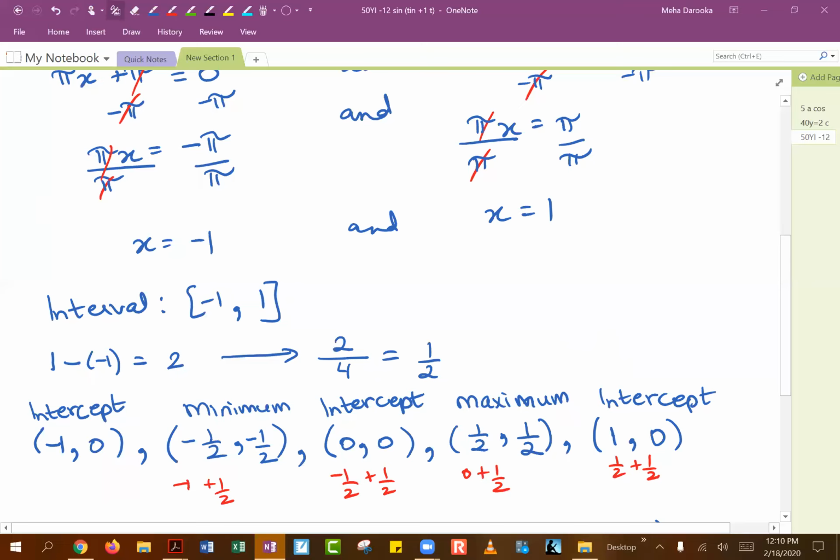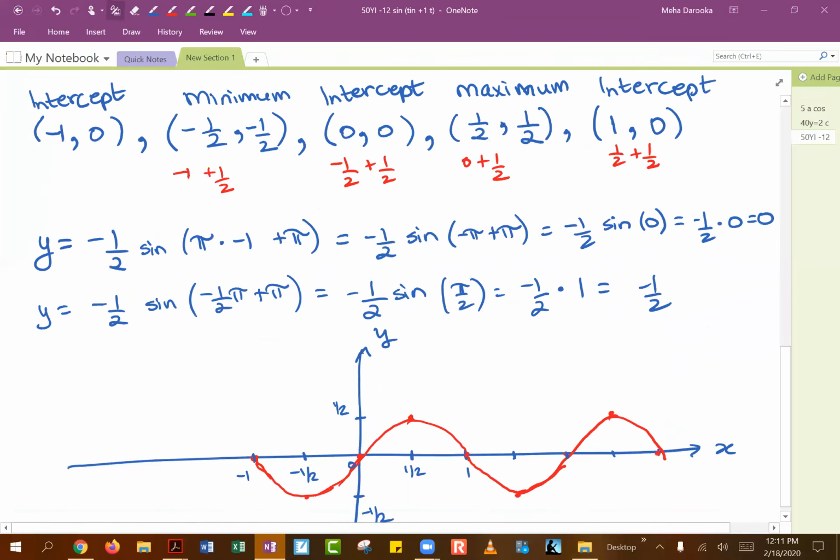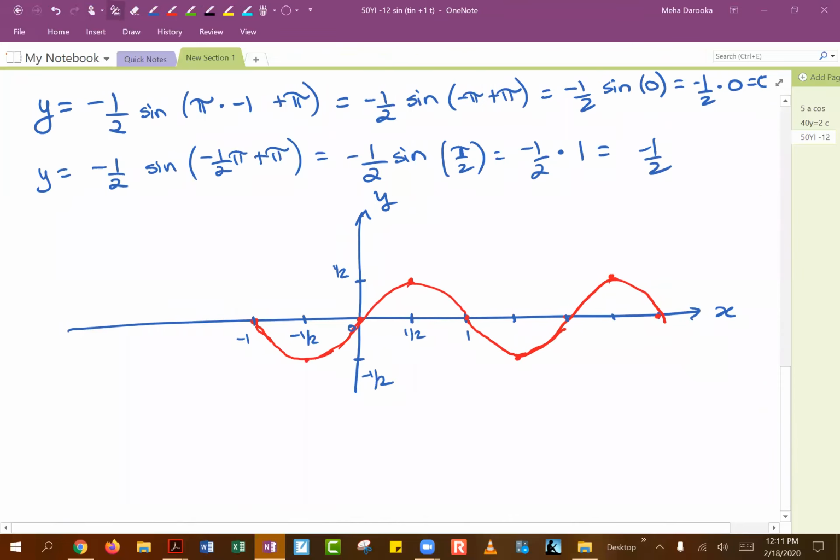And then we always divide it into 4 equal parts. So it tells us in what increments we will be doing our key points. Start with the leftmost value from the interval, and then keep adding this until you get to the rightmost point, which should give you your 5 equal points. And then using those points, you calculate your y coordinate, and then of course graph your function.